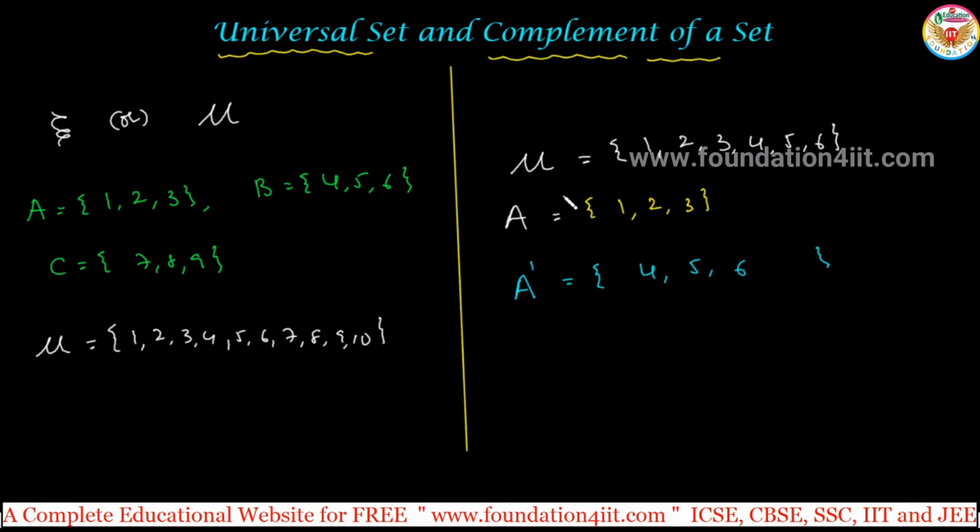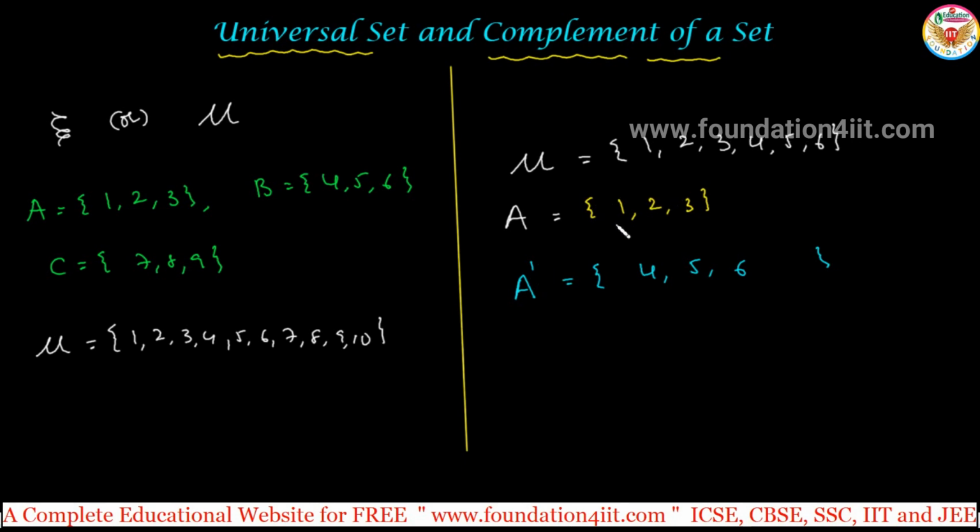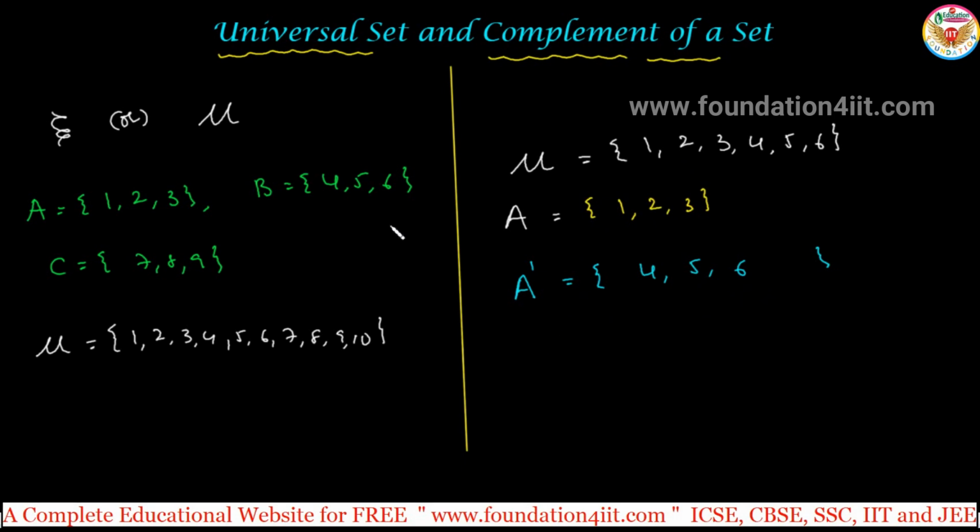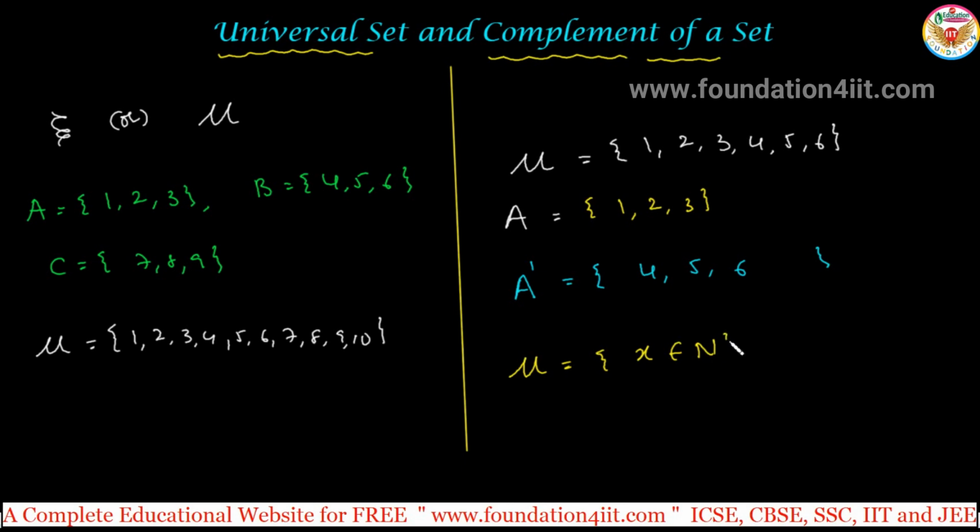That means the complement of a set A is a set of all the elements in the universal set which are not in the set A. Complement means except the elements in set A, the remaining elements should be in the complement of the set. Let us take one more example. So the universal set is x belongs to natural numbers.